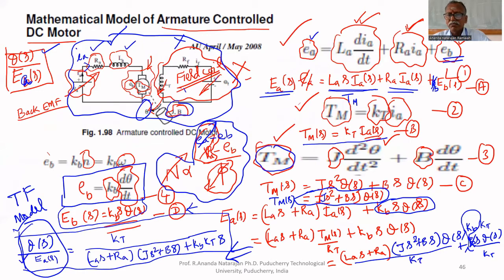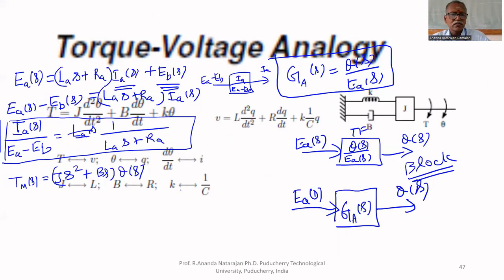Tm equal to (J S square plus B S) theta of S. One more equation: Tm equal to KT IA of S. So what is the transfer function? This is equation B, and this is C. First let us see C. The input is IA, output is Tm.